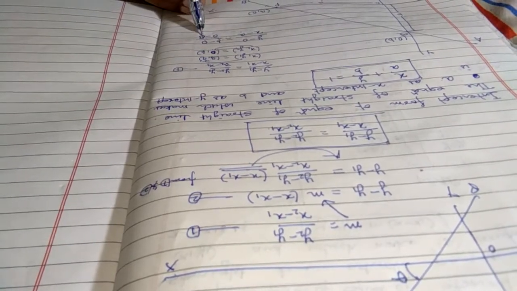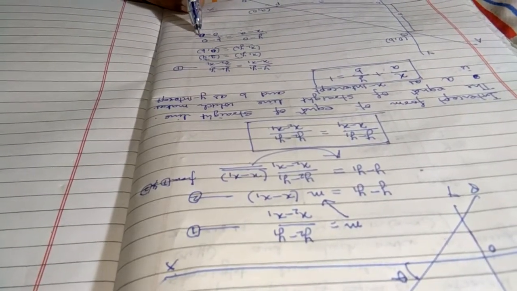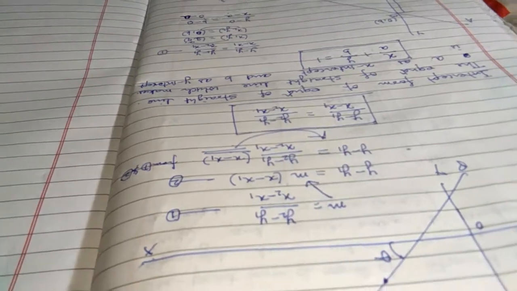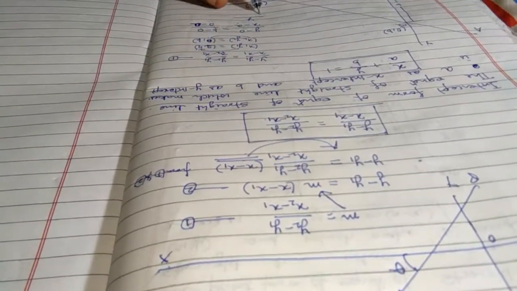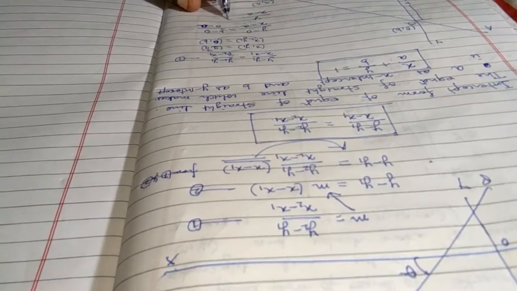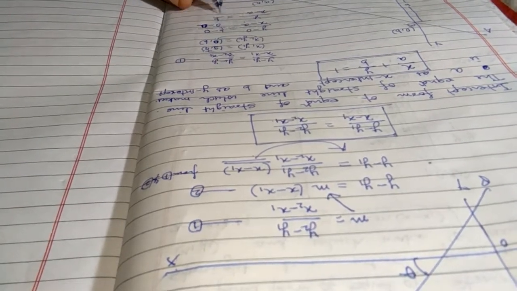So here I have made a mistake, sorry for that. So y divided by x minus a is equal to b by minus a.